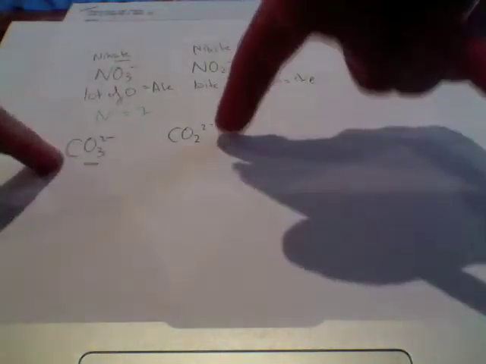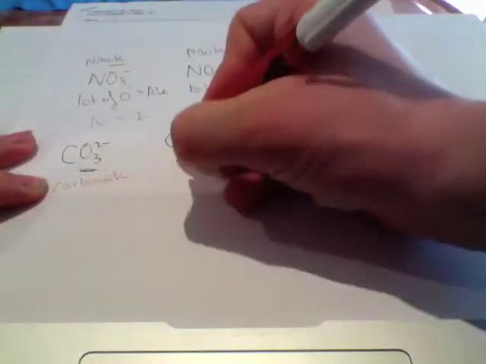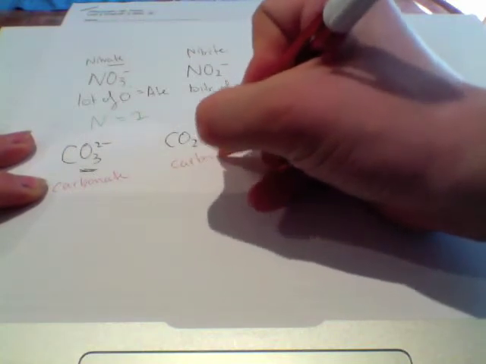It has a lot of oxygen, so this one's carbonate and this one's carbonite. Now I remember C, 2 points, 2 charge. C has 2 points and 2 charge.